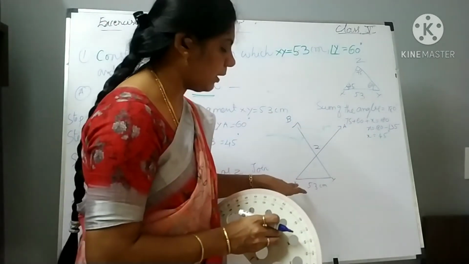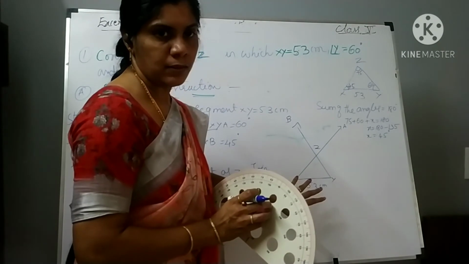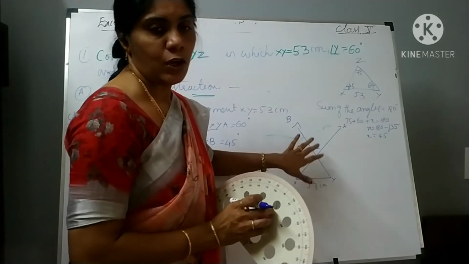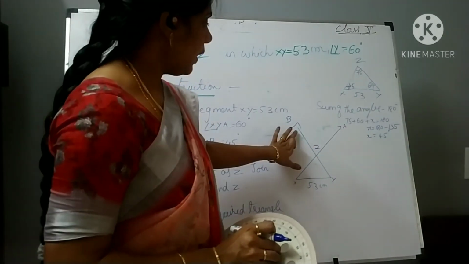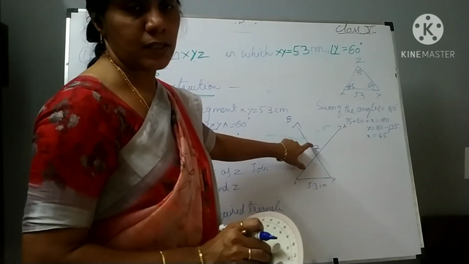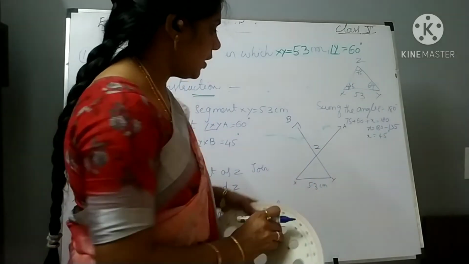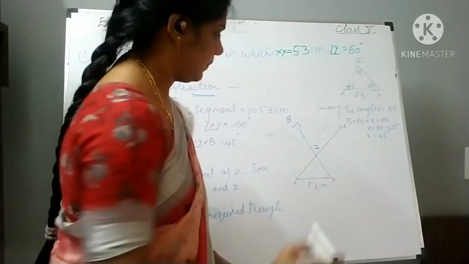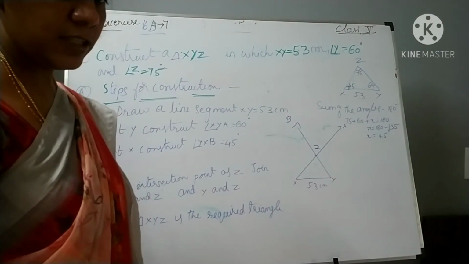Again, at the baseline, construct the angles. Draw the rays first. Where these two rays intersect, that point is your Z. The intersection point will become Z.